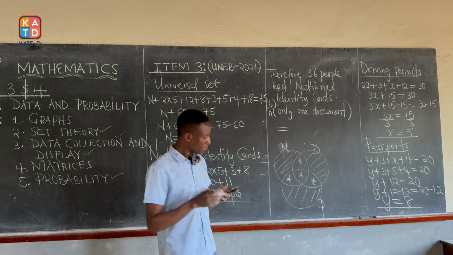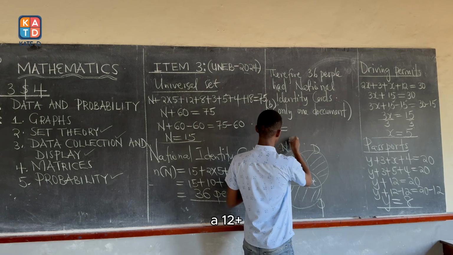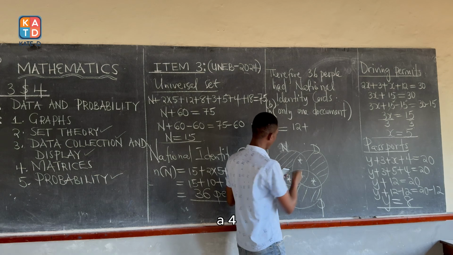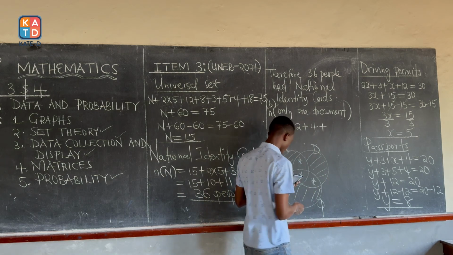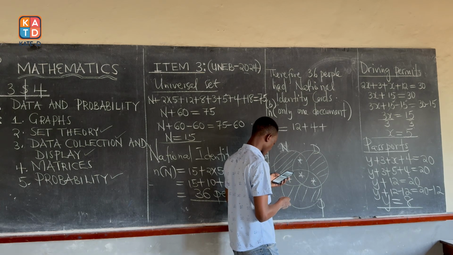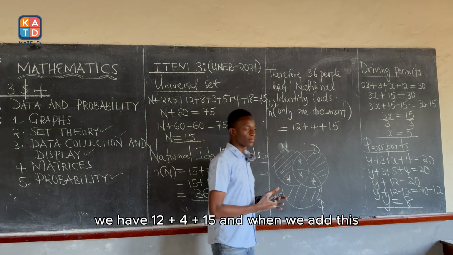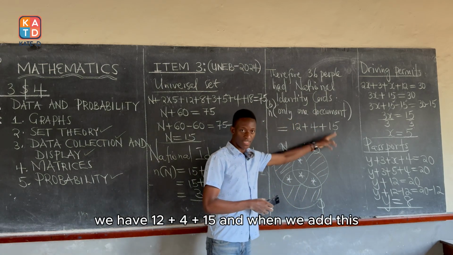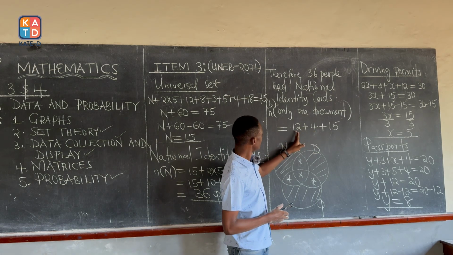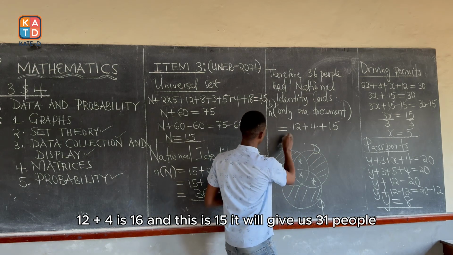So once we look at only one document and we go back to our Venn diagram, we have 12 plus 4 plus 15. When we add this, 12 plus 4 is 16, and this is 15. It will give us 31 people.